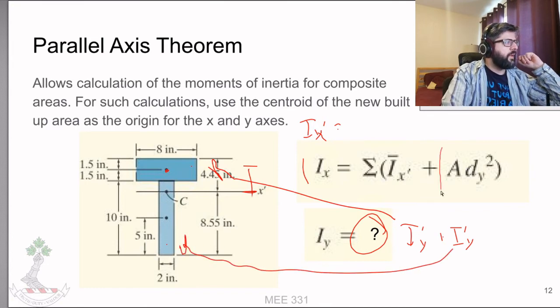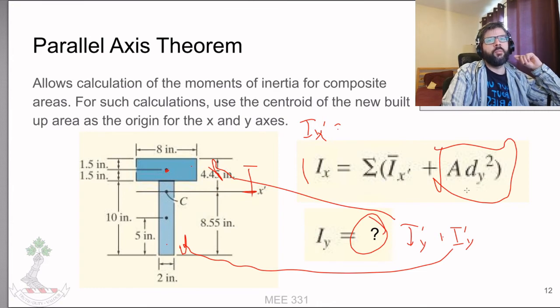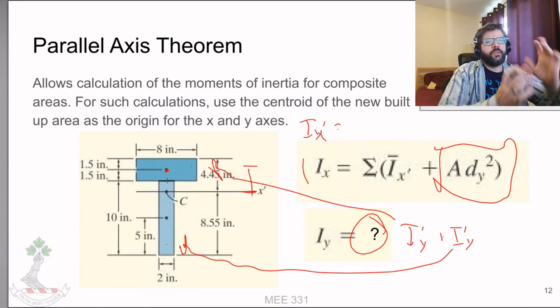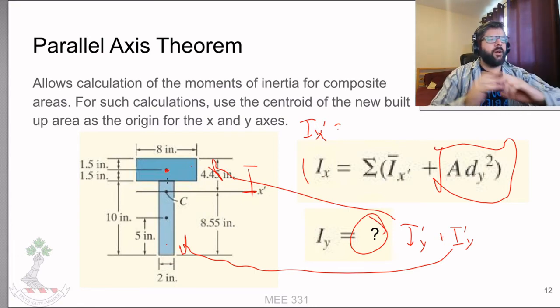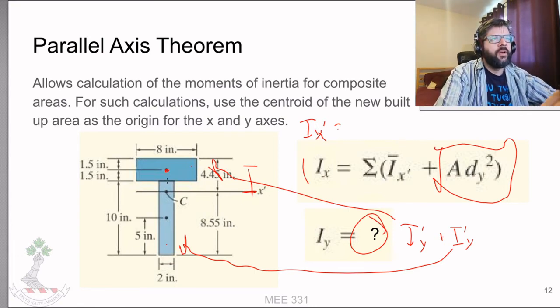We wouldn't have any A dx squared term because in this instance the dx is 0. Both of those objects are located on the same x location as the new centroid is.